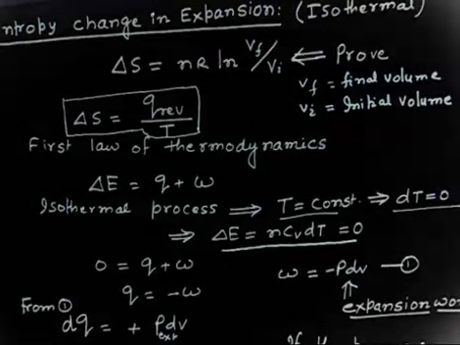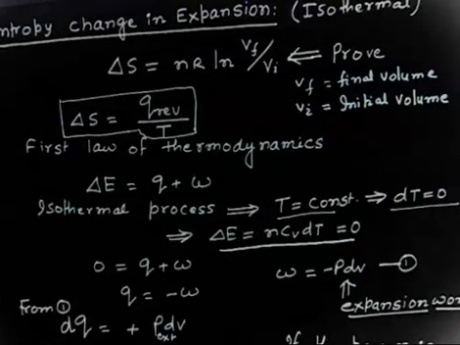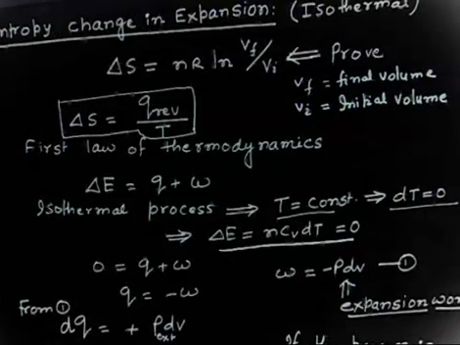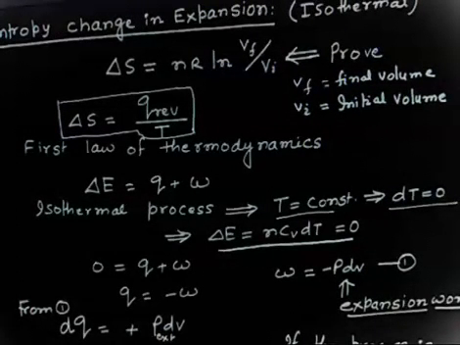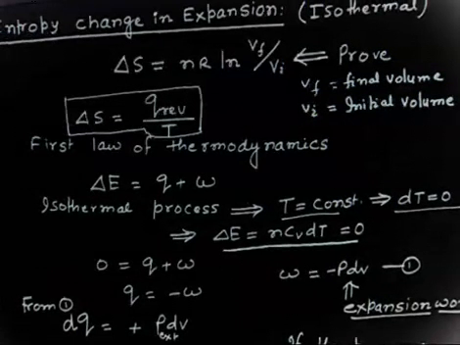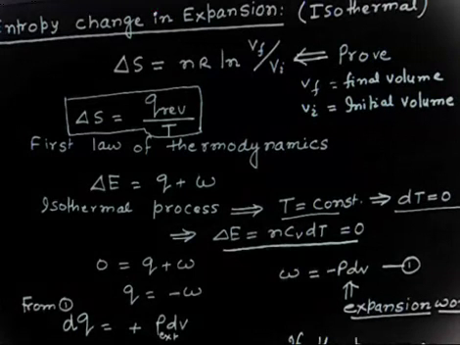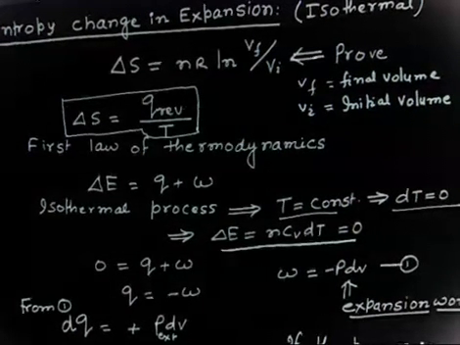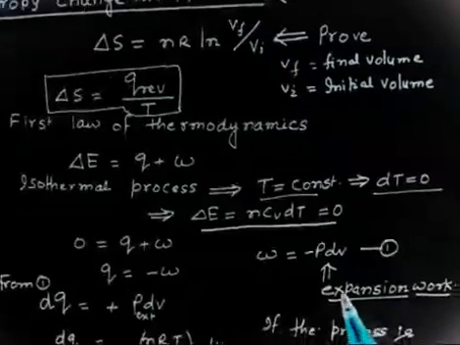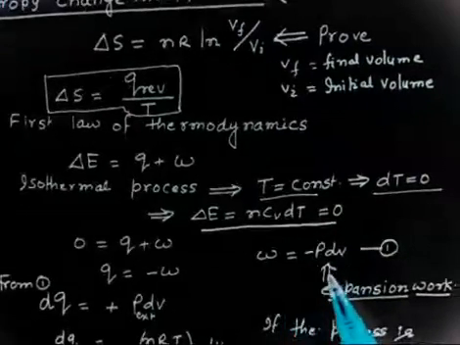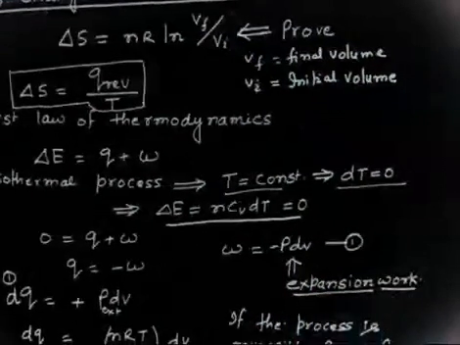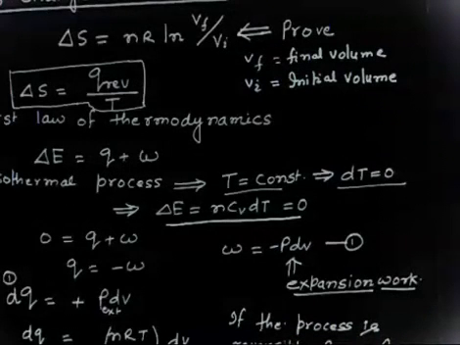Now, my system only does expansion work, because volume is changing, from initial volume Vi to final volume Vf. For expansion work we have the expression minus P dV. If you remember, we derived this equation in class. Work done is equal to minus P dV.